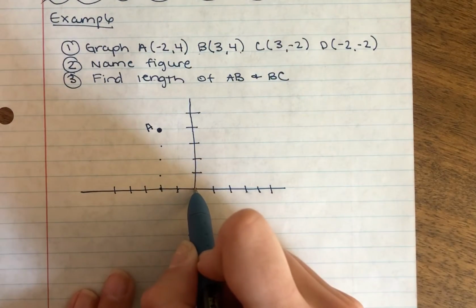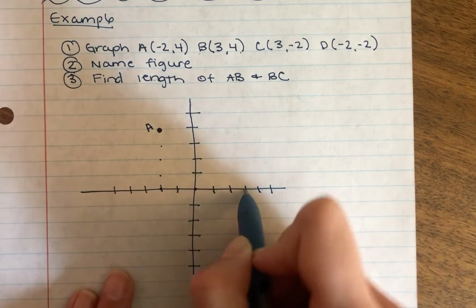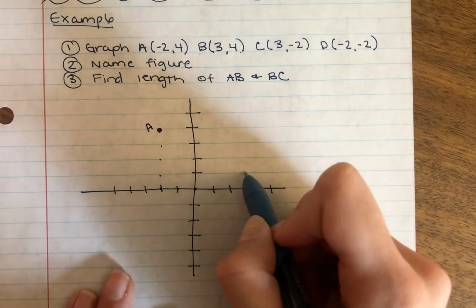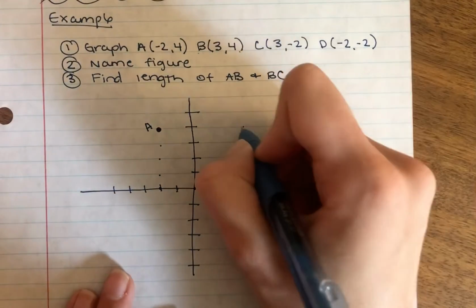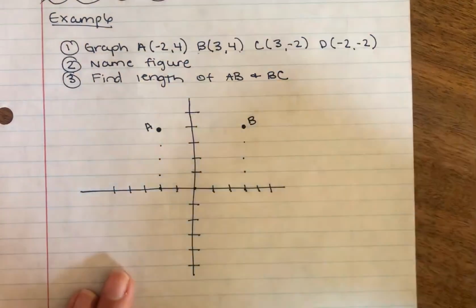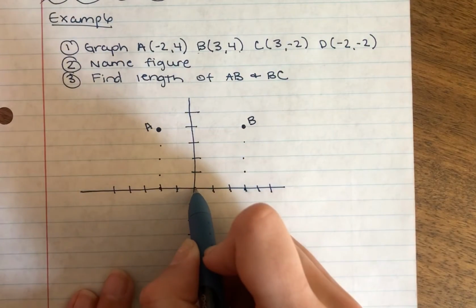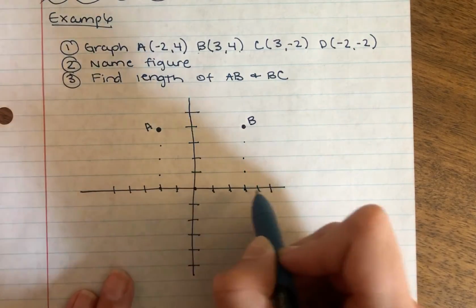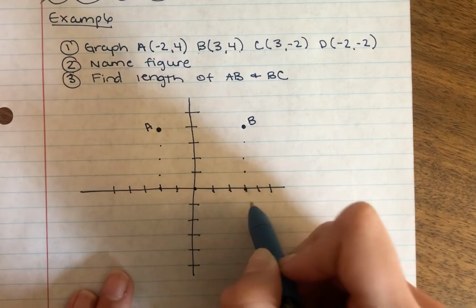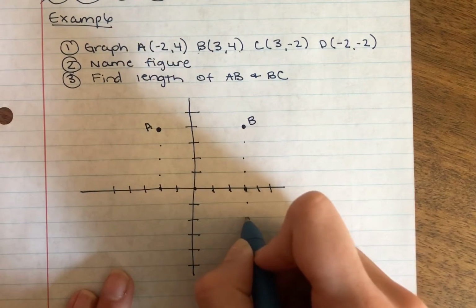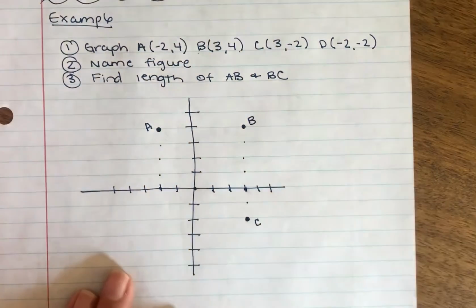Starting at my origin, a +3 means I'm moving to the right 3, and then a +4 means I'm moving up 4. Plot your point B. Next, we have C, which is at 3, -2. The 3 means I'm moving to the right 3, and then the -2 means I'm going down 2. Plot your point and name it C.